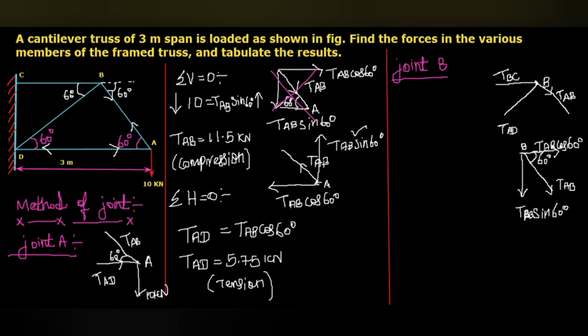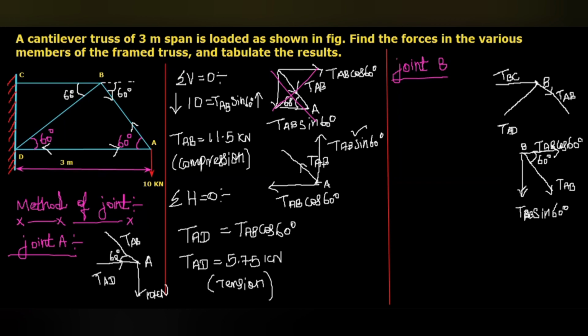So this TBC is exactly a horizontal force. These two are the inclined forces, TAB and TBD. Here TAB is known in magnitude and direction. When you resolve, we got a vertical resolved component TAB sin 60 degree, which is acting downward.